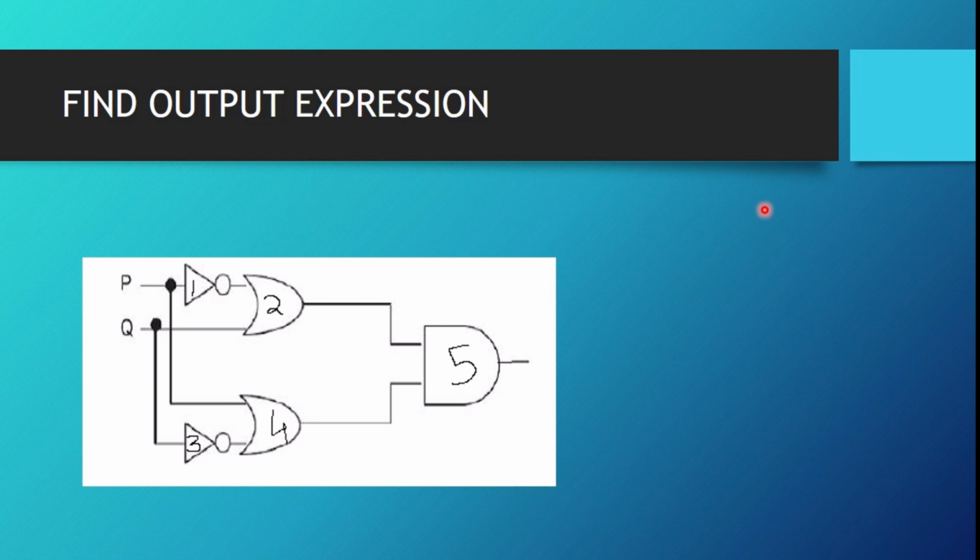First of all we will write the output of individual gates. The output of gate number 1 is P complement, output of gate number 3 is Q complement, output of gate number 2 is P complement plus Q, for gate 4 it is P plus Q complement, and final output will be like this.